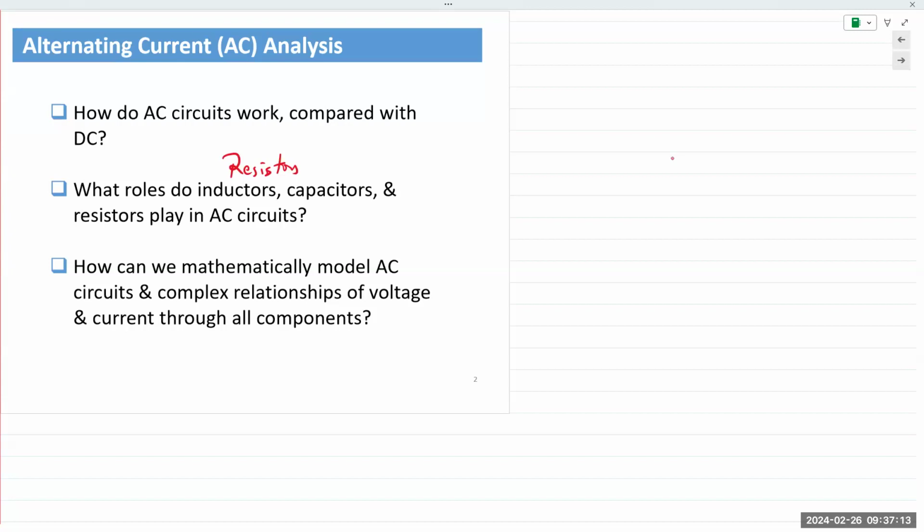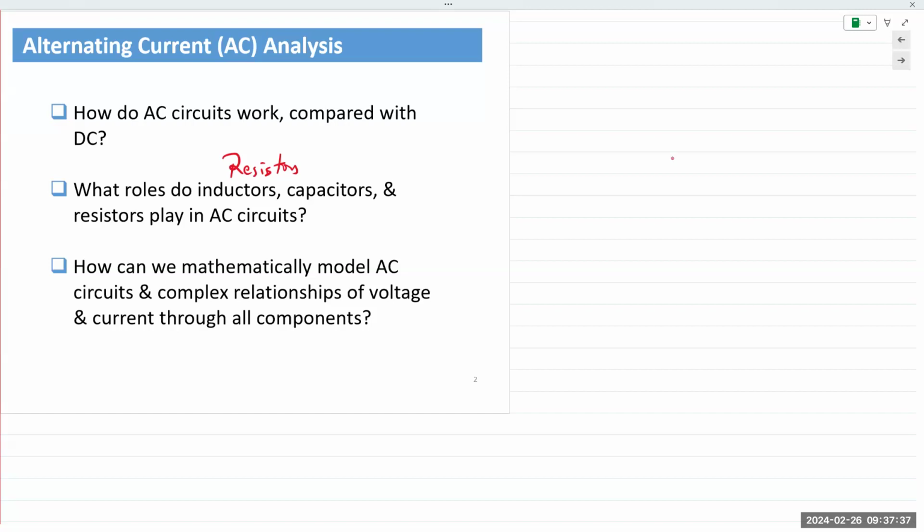So they receive the energy and they release it back into the circuit, whereas resistors receive the energy and then release it as heat. So whether it's a DC or AC voltage or current, a resistor will dissipate the energy as heat. Inductors and capacitors, not much. They will store the energy and then release it back into the circuit.